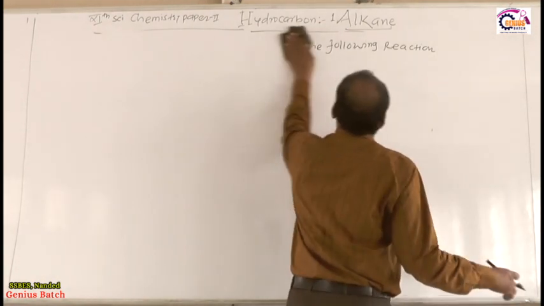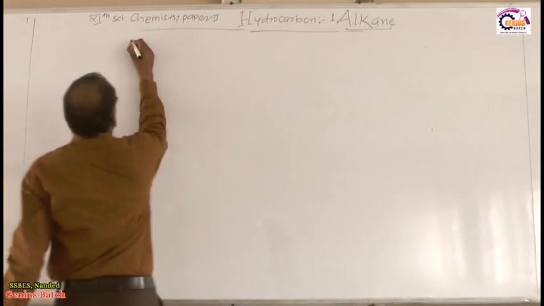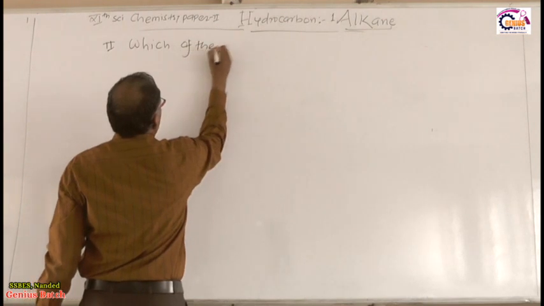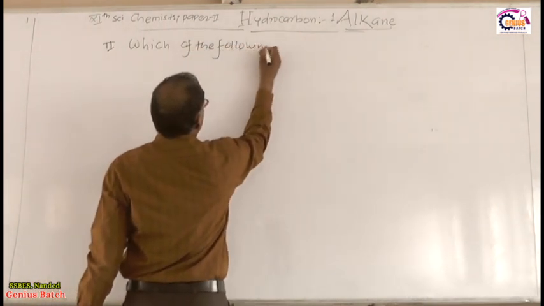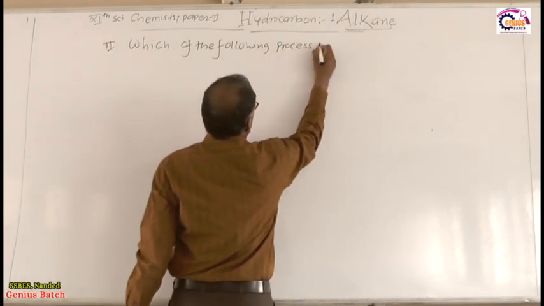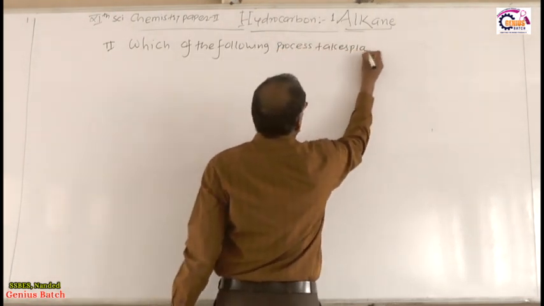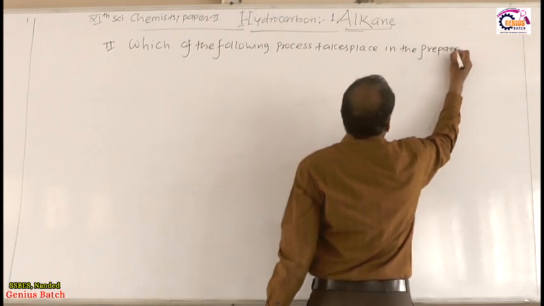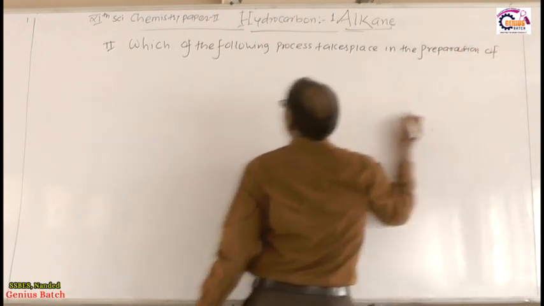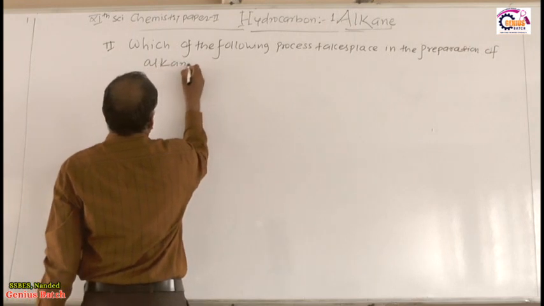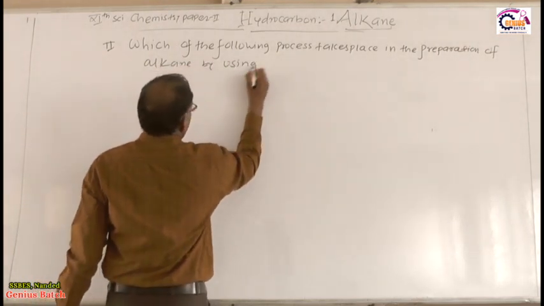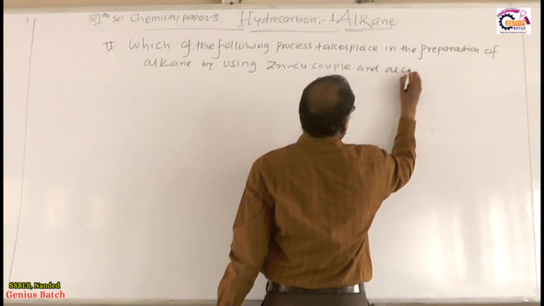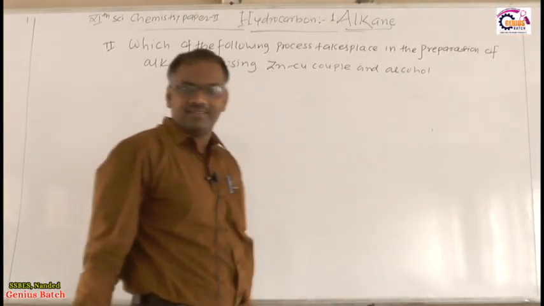Now suppose the question is asked like this: which of the following processes takes place in the preparation of alkane by using zinc copper couple and alcohol? Suppose the question is like this.